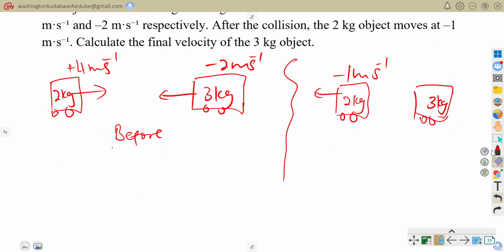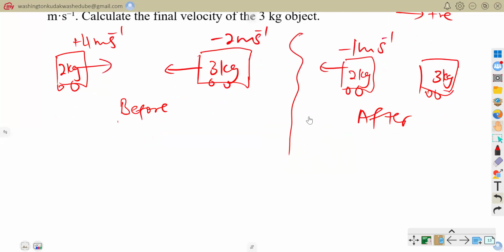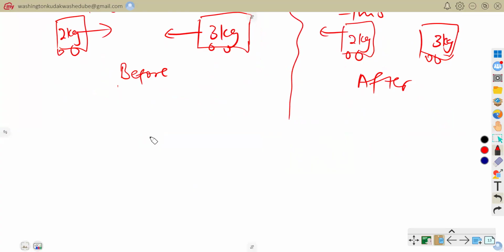This is where I now know my scenario before and after, and I've chosen my positive direction to be towards the right. Then I apply the principle of conservation of momentum, where total momentum before should be equal to total momentum after.